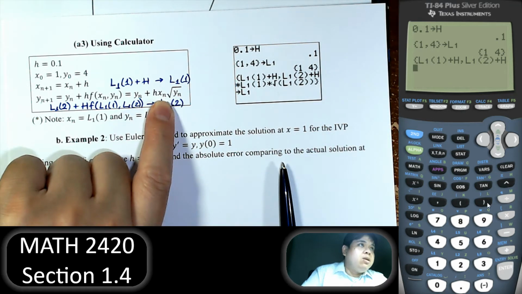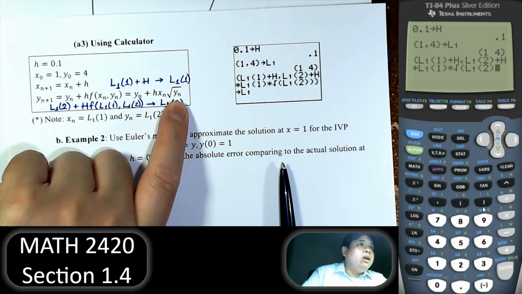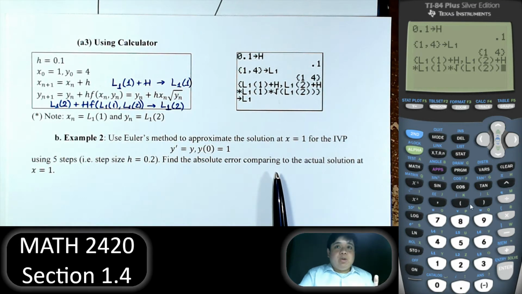So h times a1 of 1 times the square root of a1 of 2, which is y1. Right, I have to go to the classic mode so we can see the whole line, everything we type. So we have h times x of n times the square root of y of n. So that's good. We can just close the curly bracket and store back into L1.